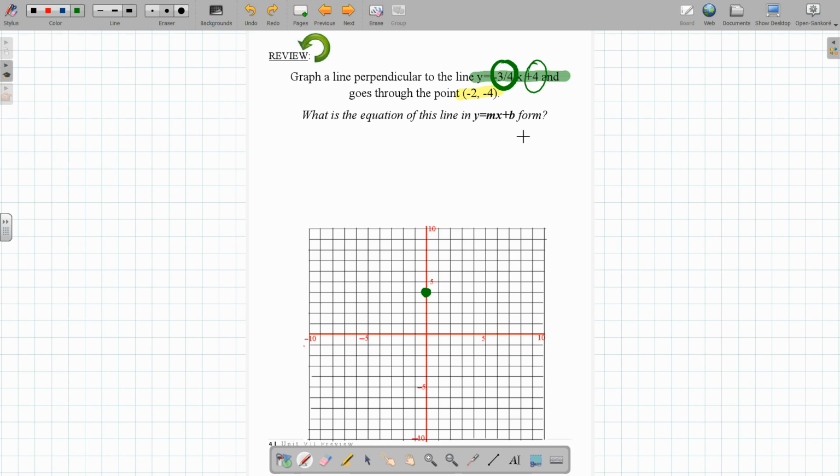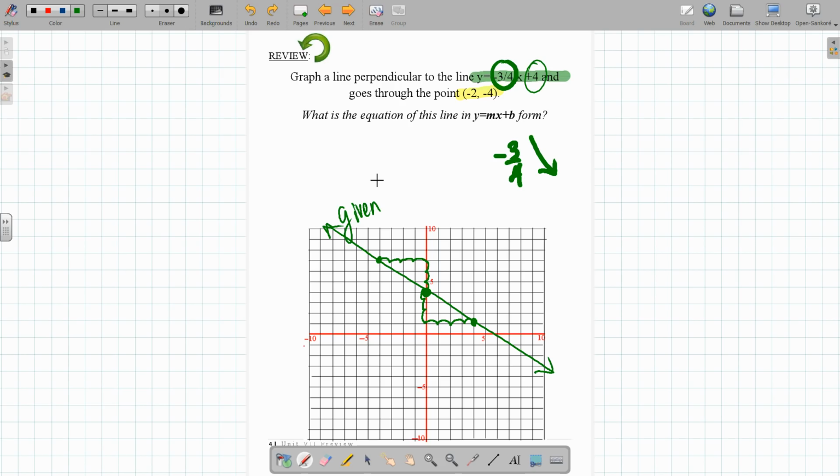Our slope is going to be negative 3/4, so we know this given line is downward from left to right. So that is our given line.